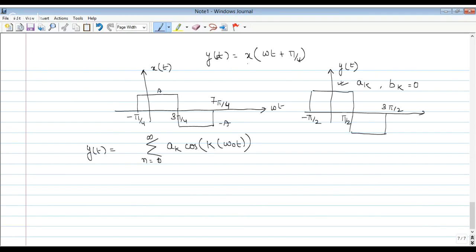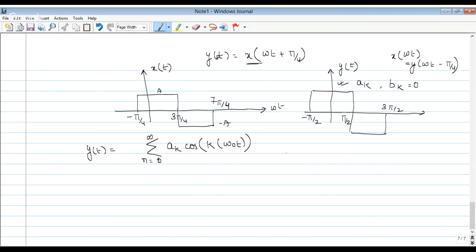If you want to obtain x(t) from y(t), you have to delay the signal by pi by 4, that is, x of omega t is y of omega t minus pi by 4.